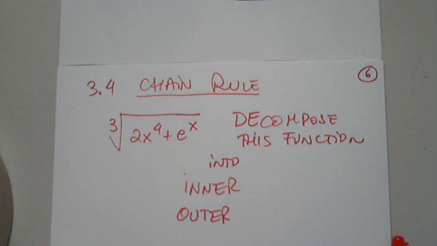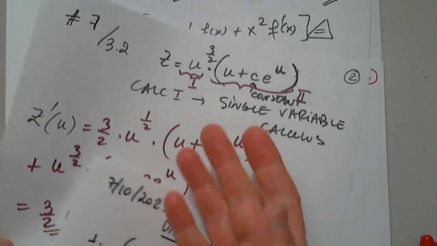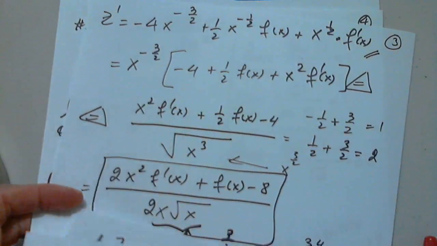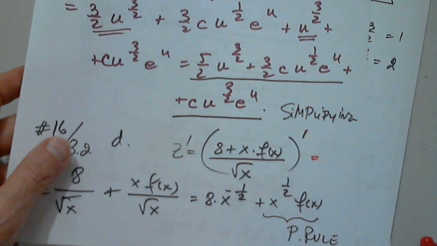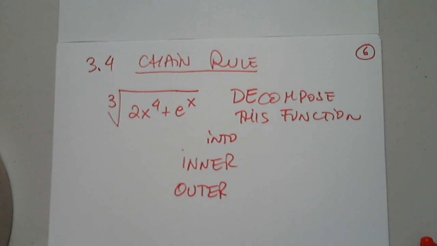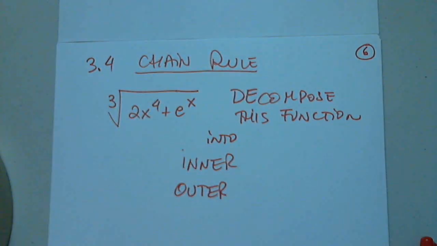So remember what we said, always try to simplify. Please try to simplify functions first. Where is that second one? Right here. Please try to simplify if you can. So here we're trying to decompose in order to understand what the function is telling us in order to differentiate it later.